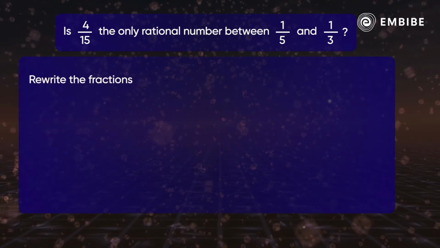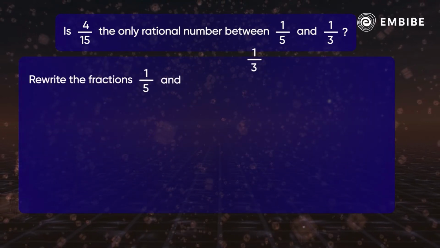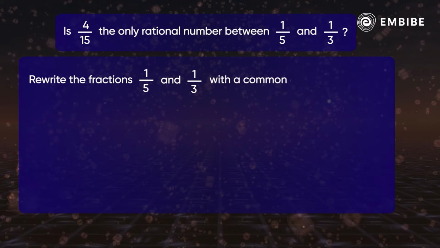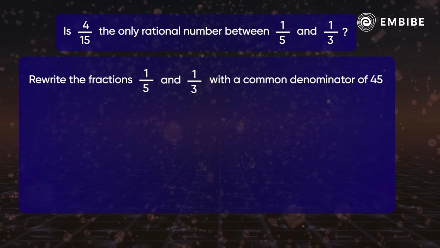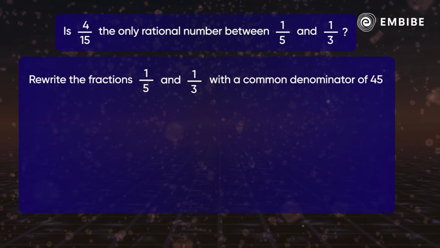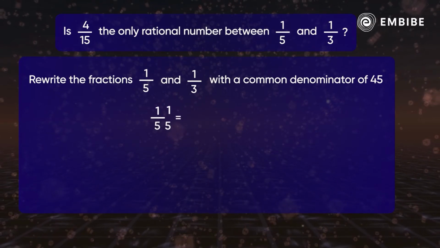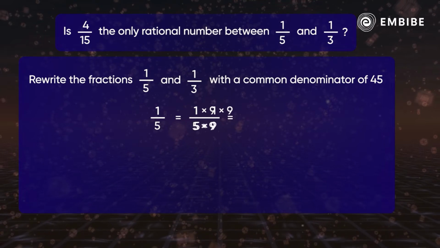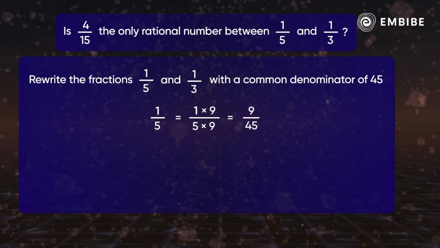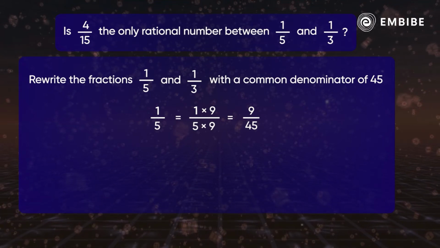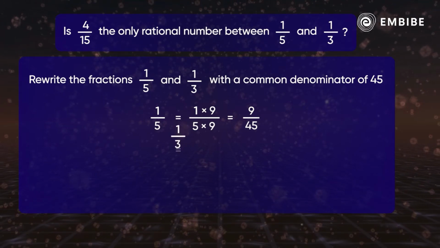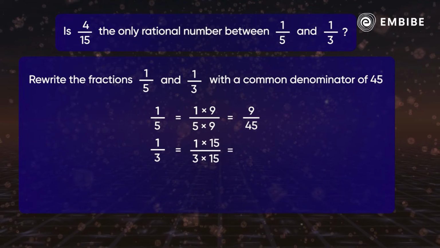Let us rewrite the fractions 1 by 5 and 1 by 3 with a common denominator of 45. For that, multiply the numerator and denominator of 1 by 5 by 9 to get an equivalent fraction, 9 by 45. Similarly, multiply the numerator and denominator of 1 by 3 by 15 to get an equivalent fraction, 15 by 45.